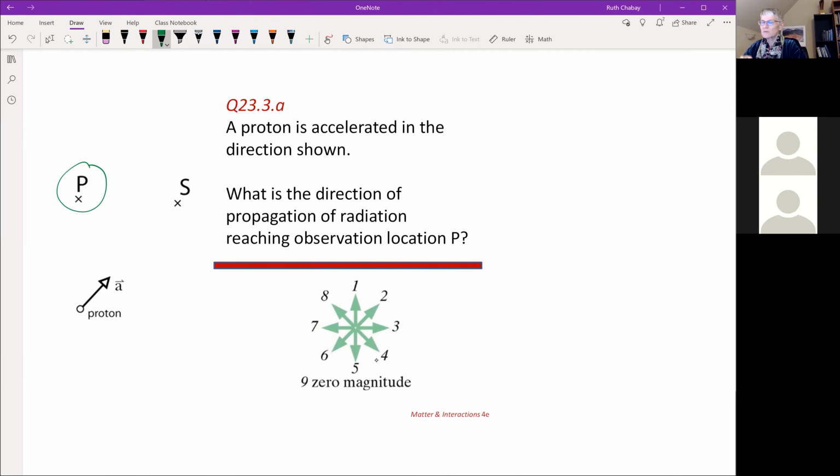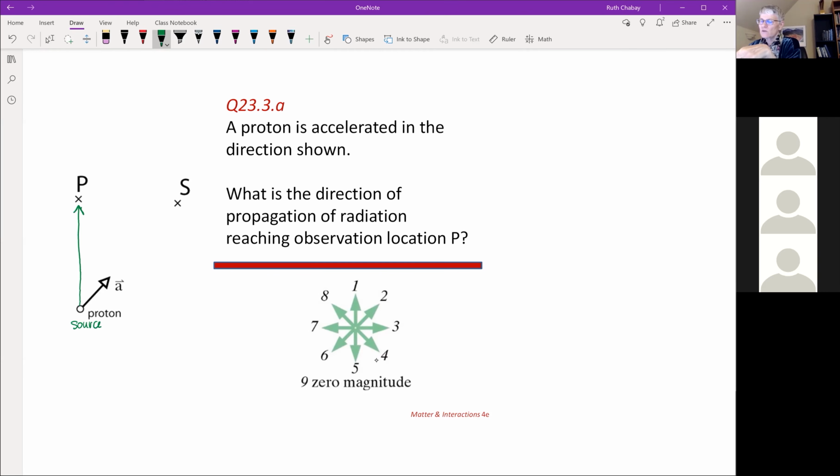Okay, mostly ones, but we have some 7s or 8s. So let's just draw it, okay? So here's the source. And here's your observation location up at P. And so the radiation had to start at the source and it had to travel toward P to get to the observer.